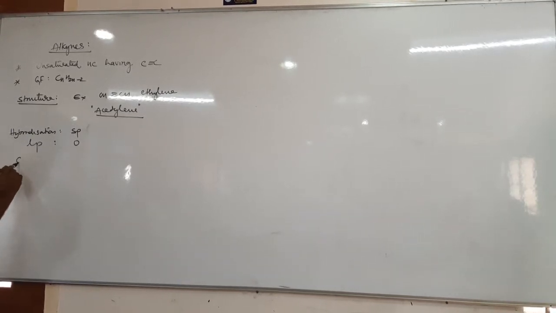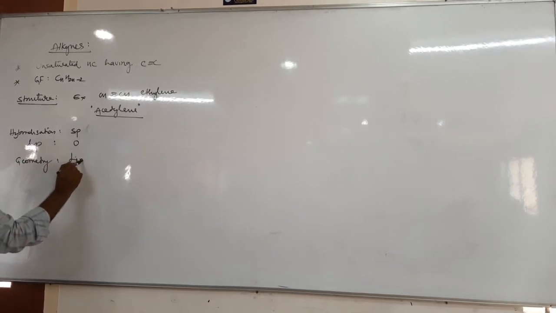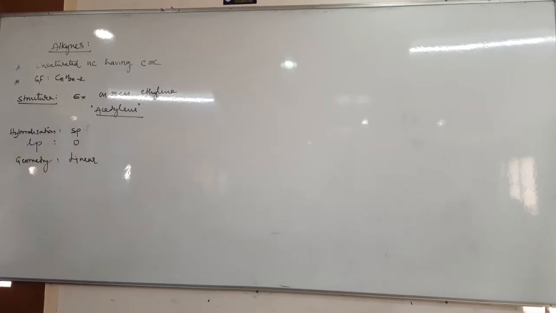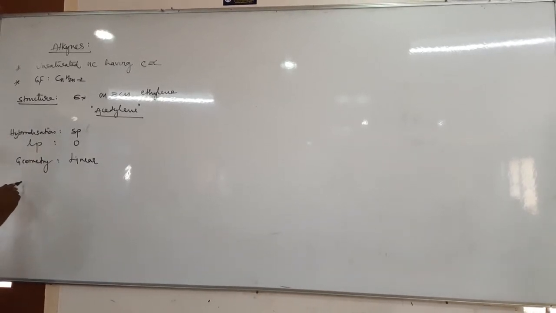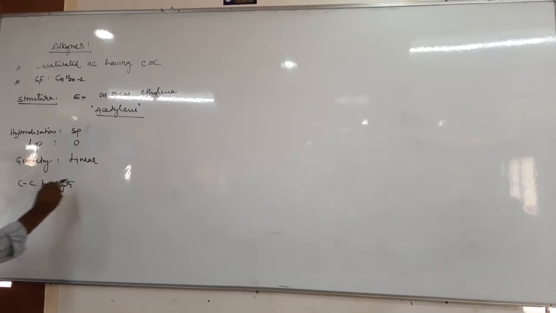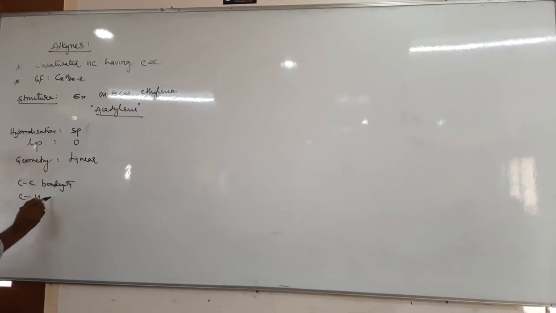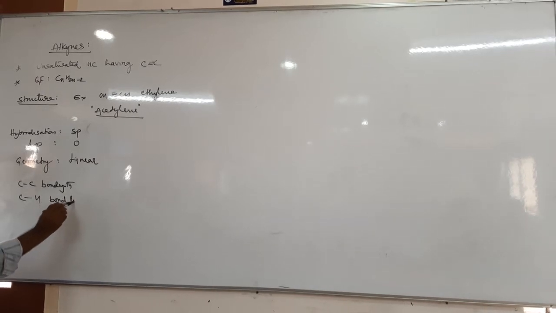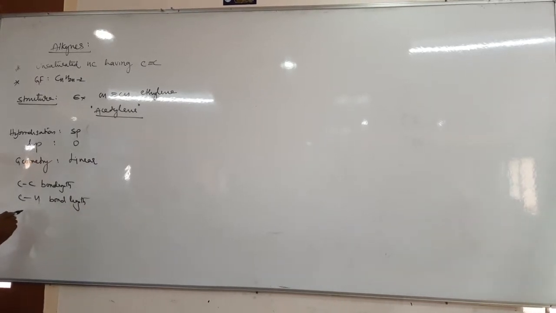Then what is the expected geometry? The geometry of the molecule is linear. Right, this information we study in chemical bonding. Hybridization sp, lone pair 0, so the expected geometry is linear. Then when it comes to structure, the carbon-carbon bond length, the carbon-hydrogen bond length and the bond angle are also important.